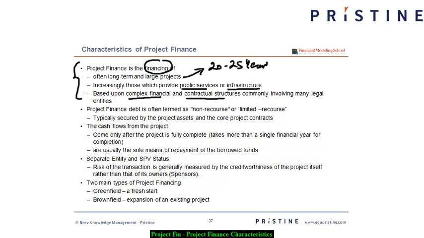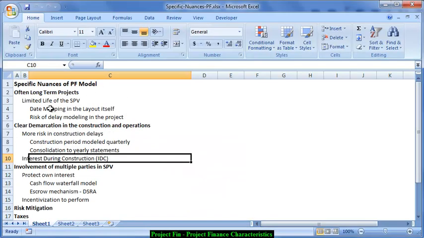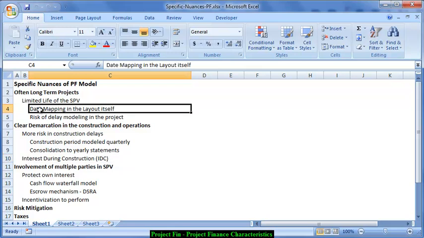How does this affect your model? When we are creating a model for the project finance sector, since it's going to be a long term project, we need to clearly demarcate the dates when these events happen. So apart from a normal model, your template or layout would typically have a date part attached to it. In most project finance models you would see mathematics being applied as far as dates are concerned.